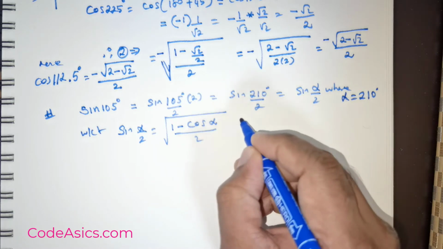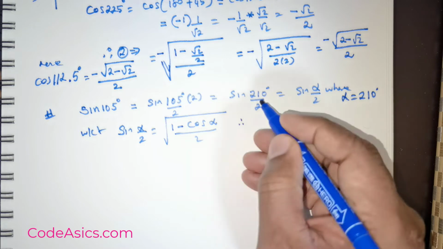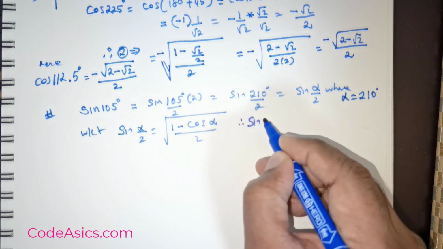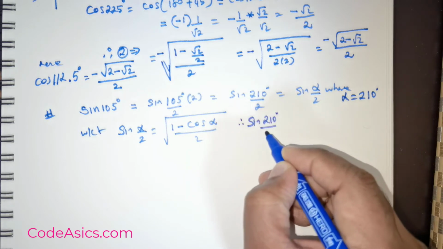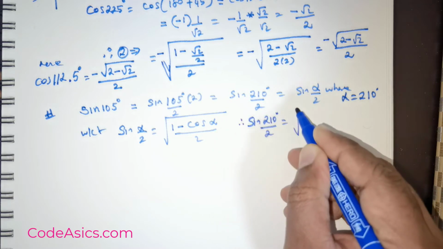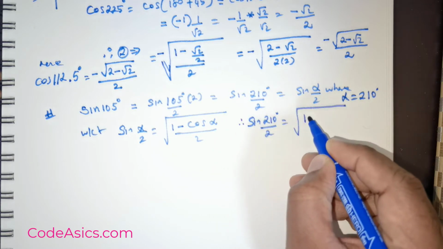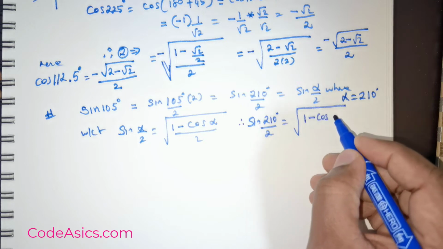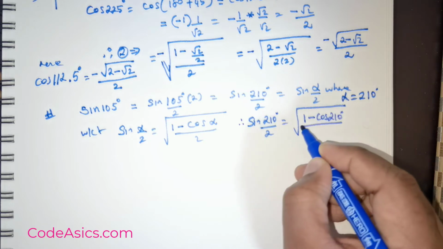Now this in turn can be applied, so therefore sine of 210 degrees divided by 2 is going to be equal to root of (1 negative cos 210 degrees) divided by 2.